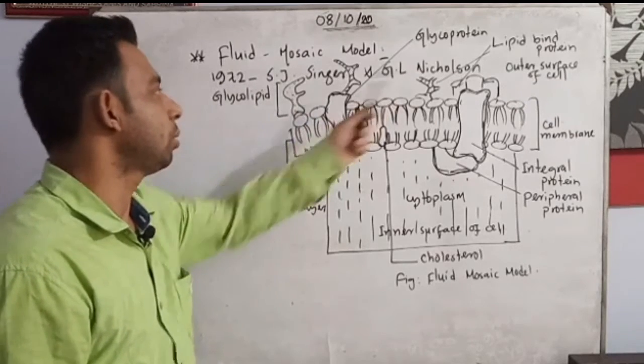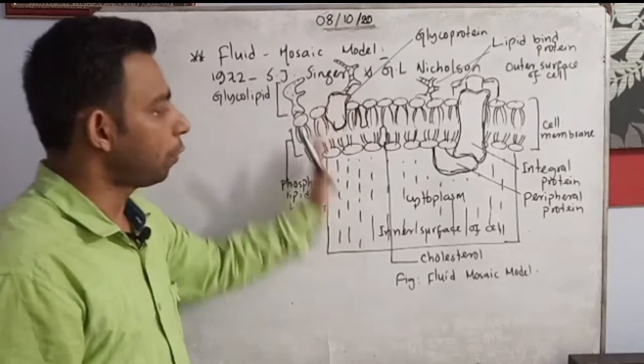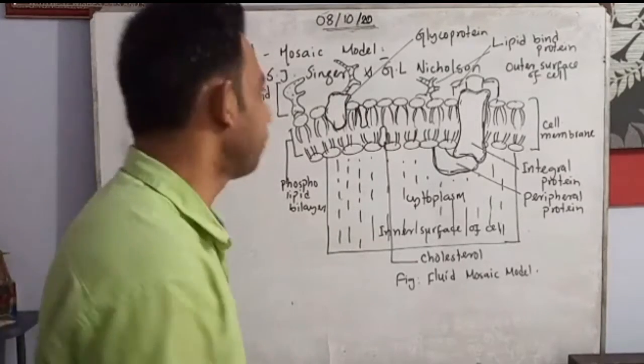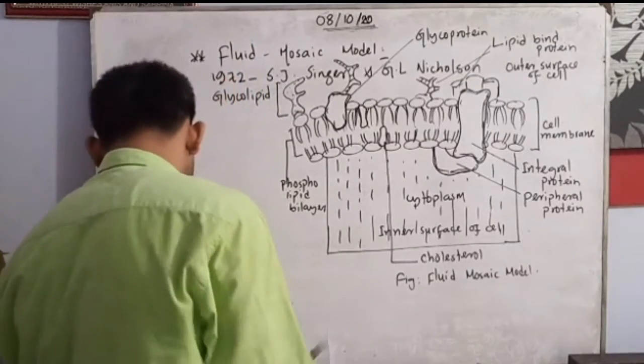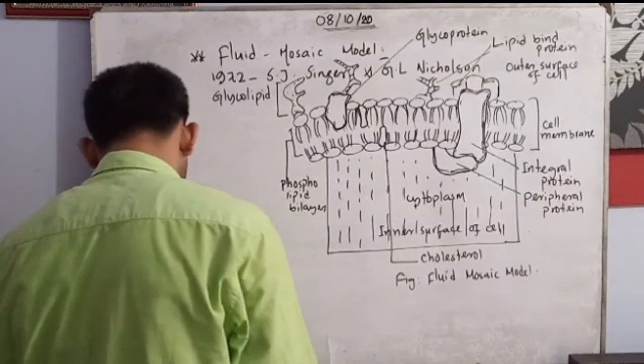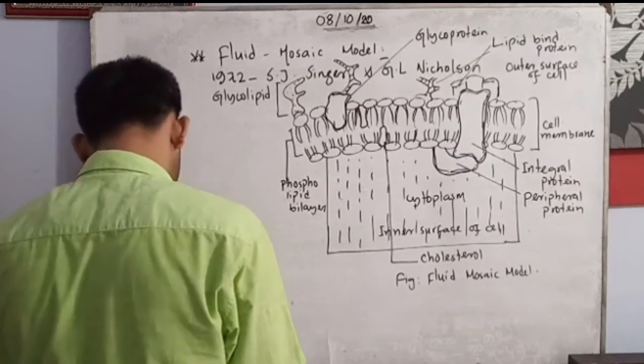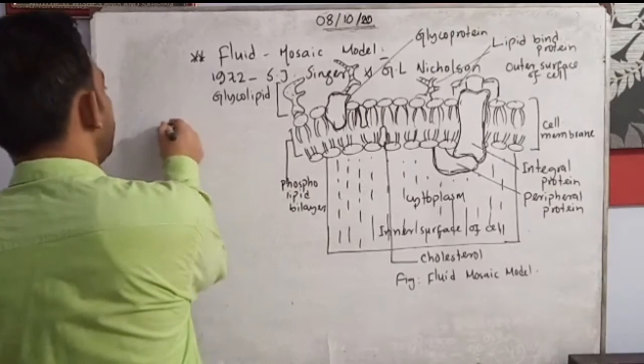So drawing figures is very important, and we have drawn the figure, given in 1972 by S.J. Singer and G.L. Nicholson. I drew the figure leaving some space to write something about it, okay? So this model is double layered.